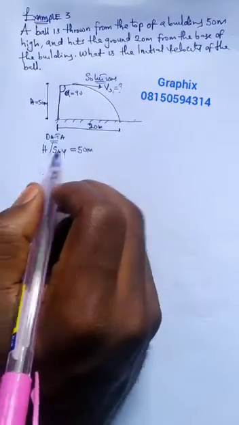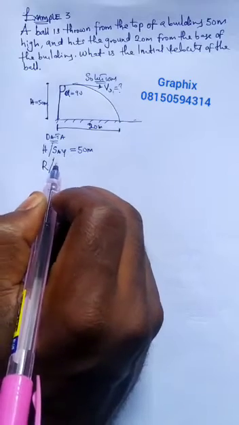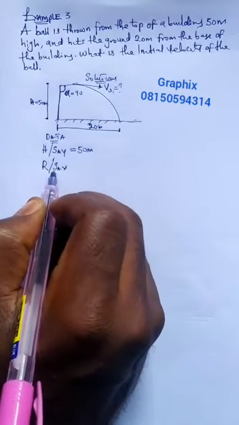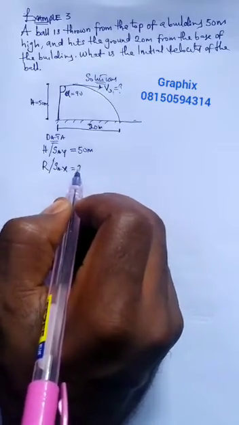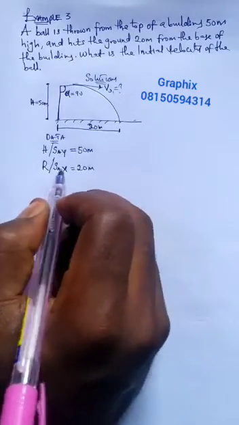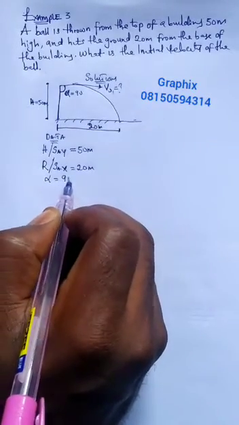And also the range, which is also called SAX, the distance along the horizontal axis, the x-axis, and that gives me 20 meter. Now we're given our alpha to be 90 degree.